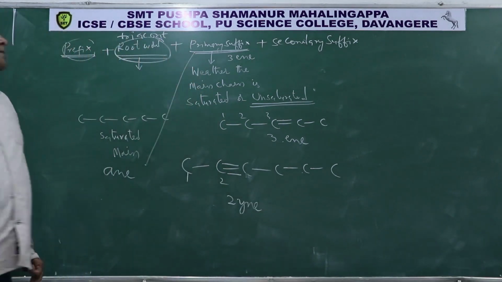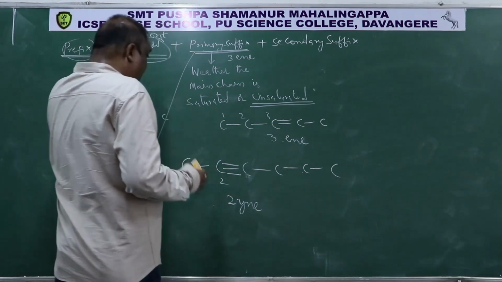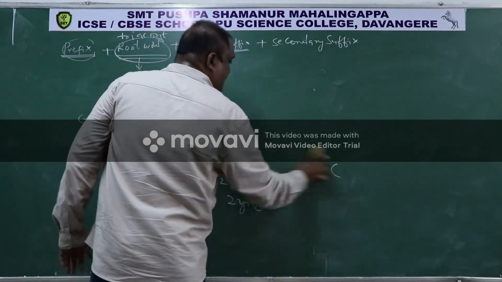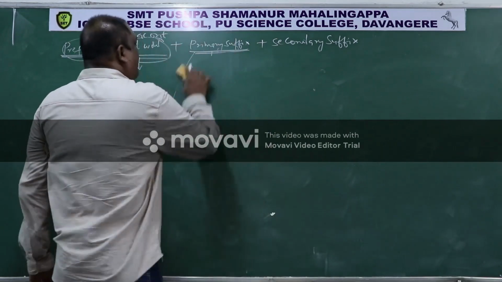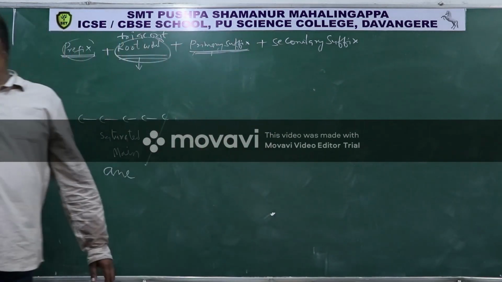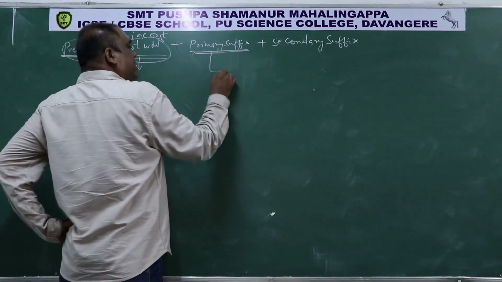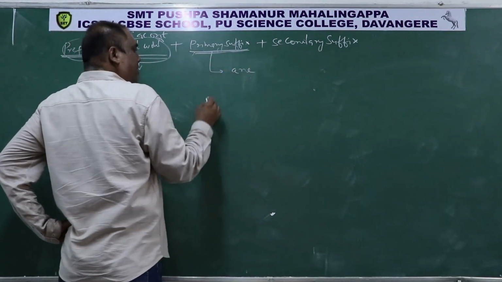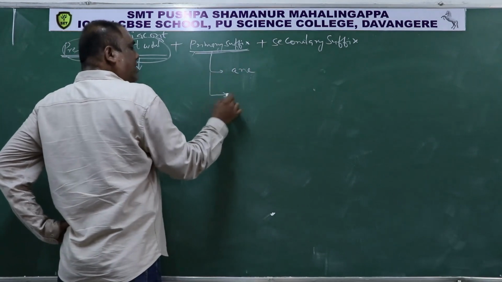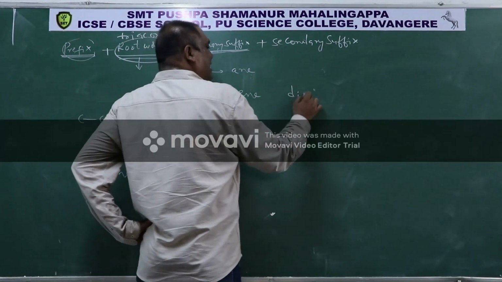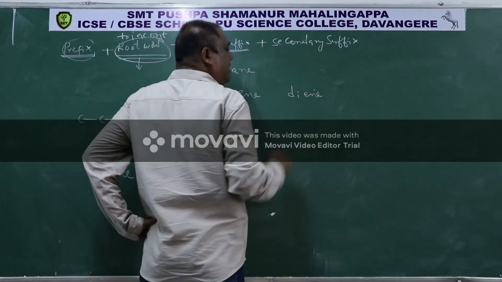So primary suffix, if all single bonds are there, primary suffix can be "-ane". If one double bond is there, then "-ene". 2 double bonds are there, "-diene". 3 double bonds are there, "-triene".